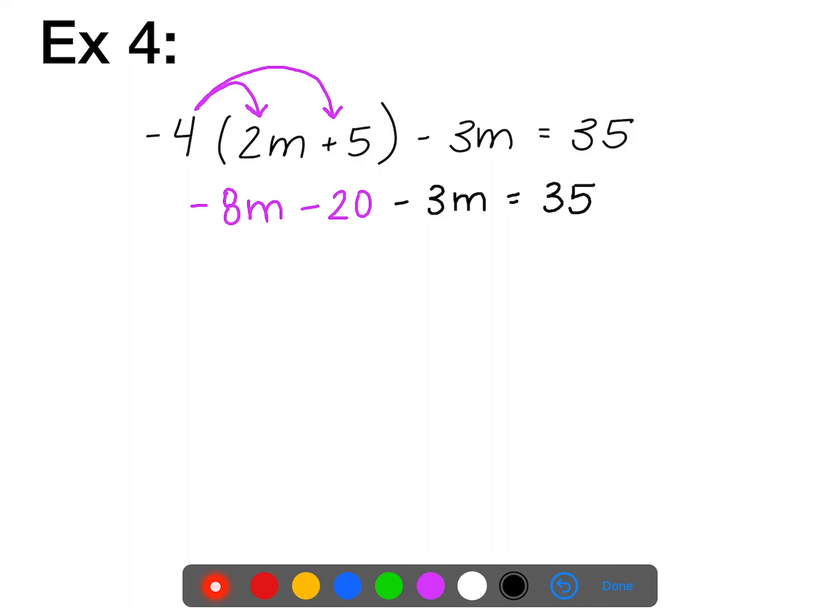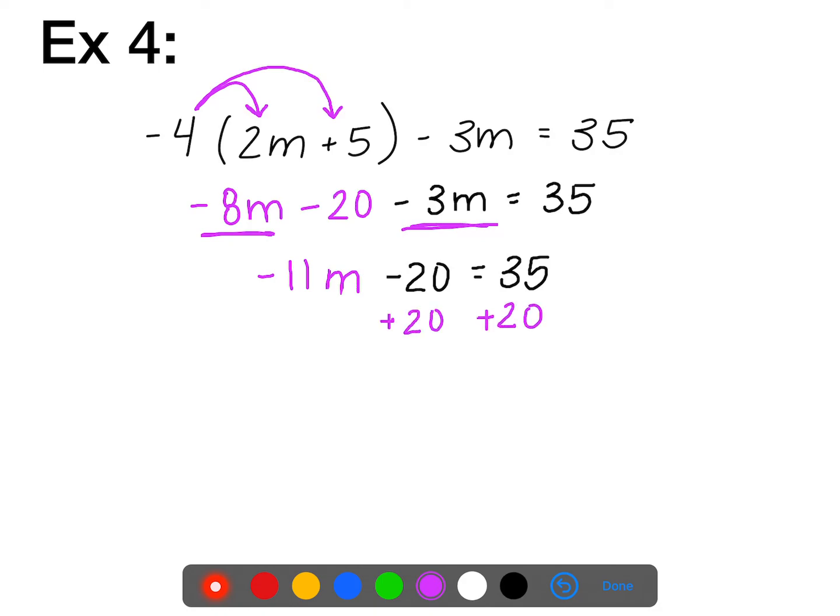Do I have like terms? Yes, -8m and -3m. So when I combine those, I get -11m. Bring down my -20 equals 35. And now I'm just finishing my two-step equation by adding 20 to both sides.